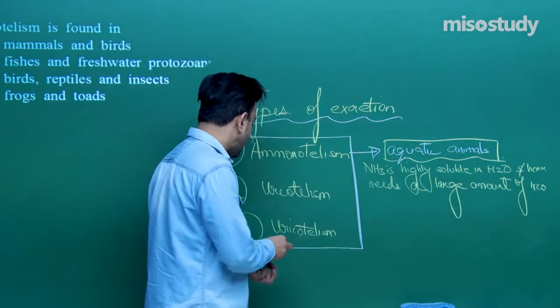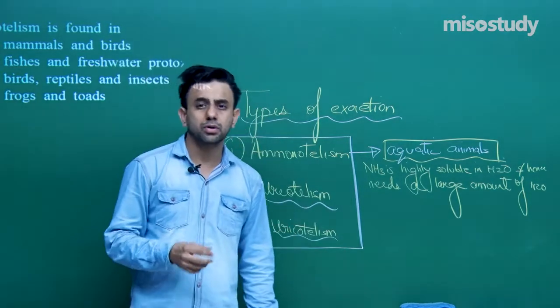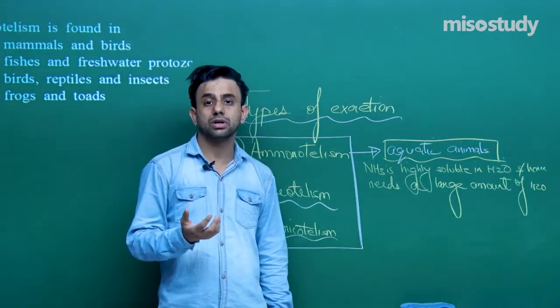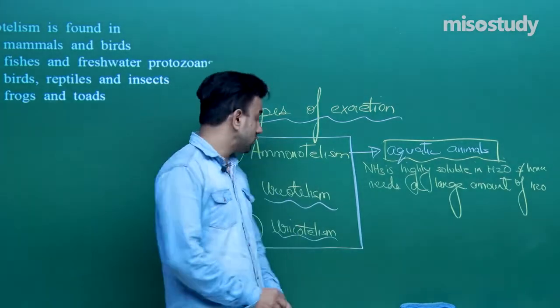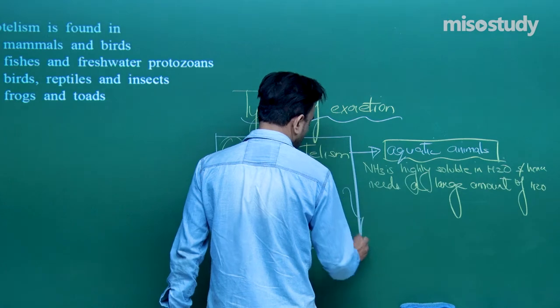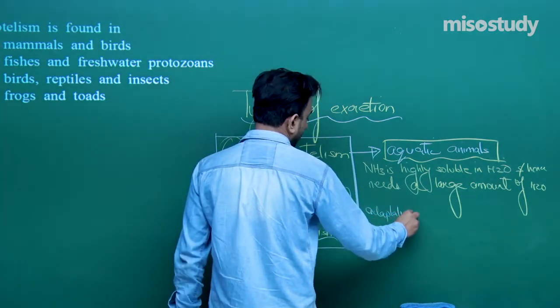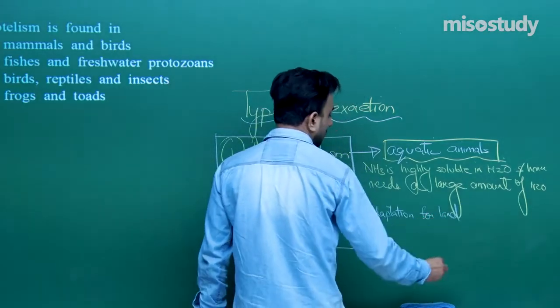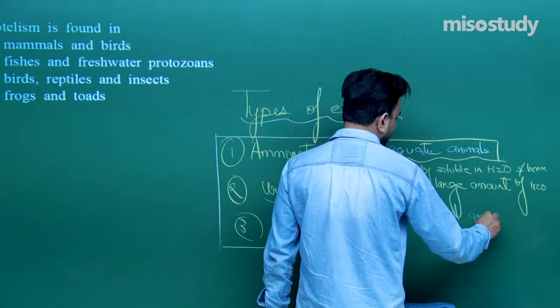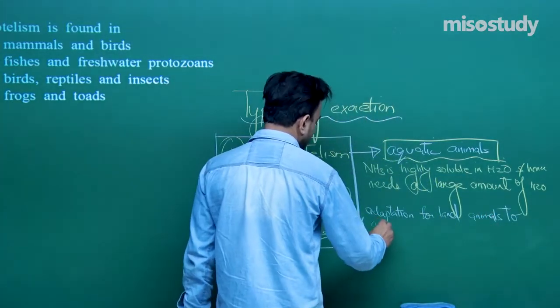Now ureotelism and uricotelism were adaptations for land animals, because land animals do not live in water, and they cannot afford to waste so much water for excretion. So this is an adaptation for land animals to conserve water.